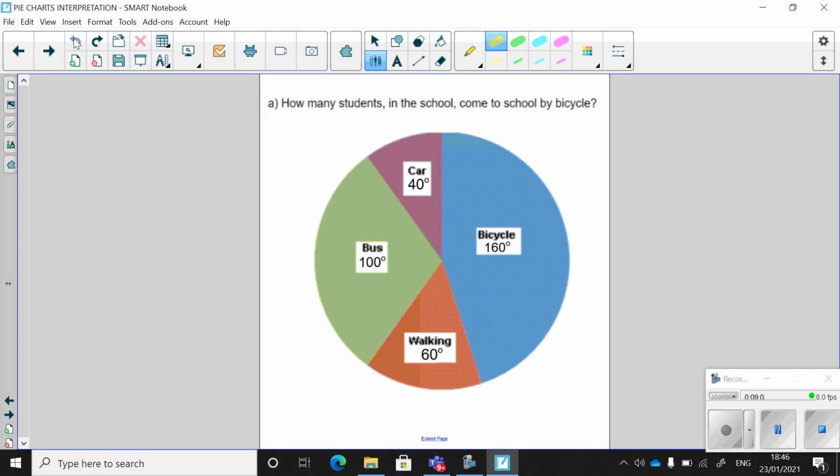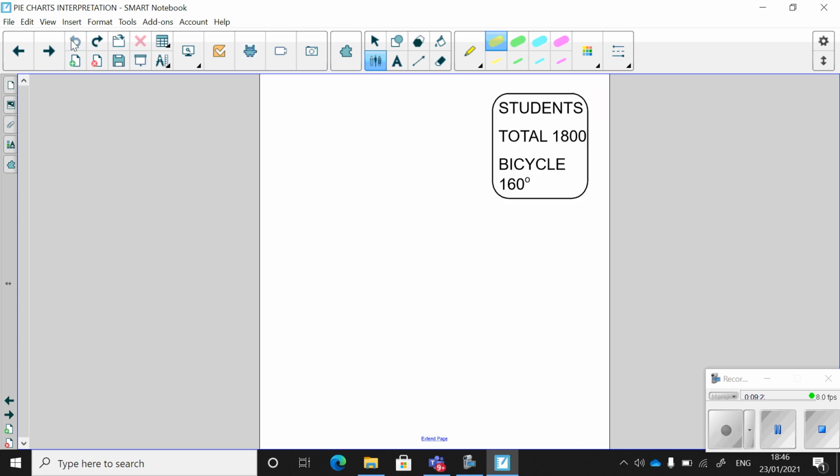Right, how many come to school by bicycle? Right, bicycle. So that's what we're talking about there. And so it looks like I'm just dealing with this sector here. 160. That looks okay. That looks straightforward. So we're just going to go for that. 1800 is the total. Bicycle angle 160. You know the total angle is 360.